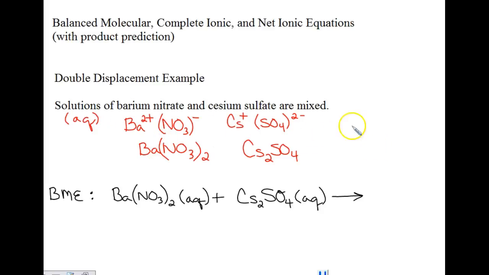So we are going to join the barium with the other anion, sulfate, and then we're going to join cesium with the other anion, nitrate.